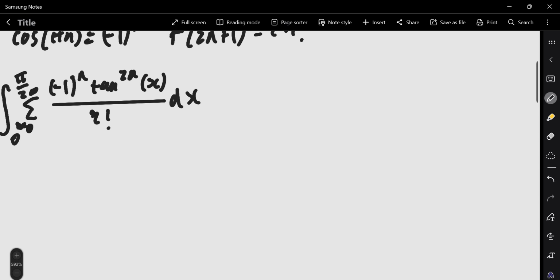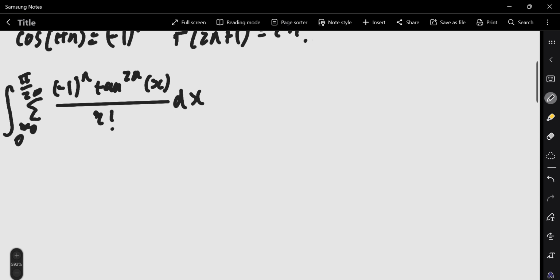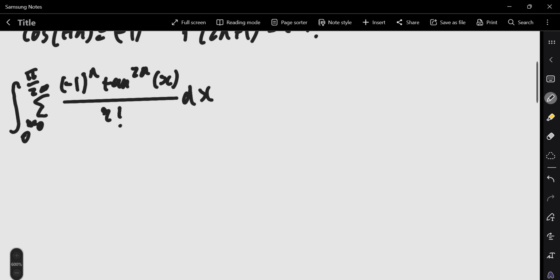Cool. Now, have a look at this. Minus 1 to the n, tan to the 2n of x over 2n factorial. Does this look familiar? There is a Taylor series, the cosine series. What is that defined as?